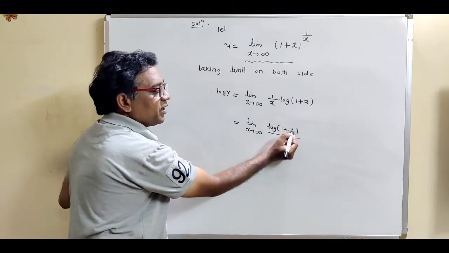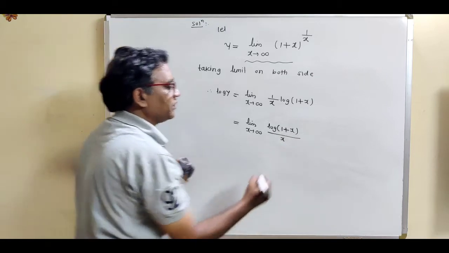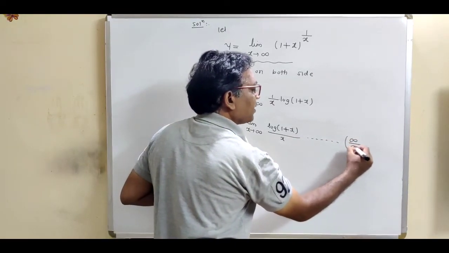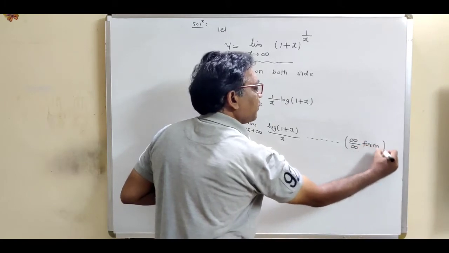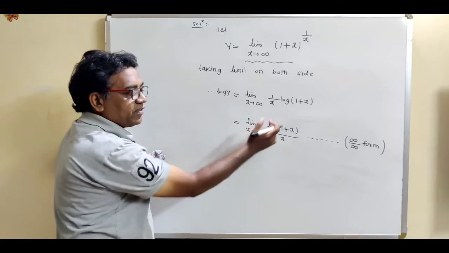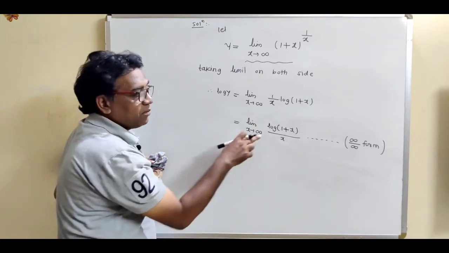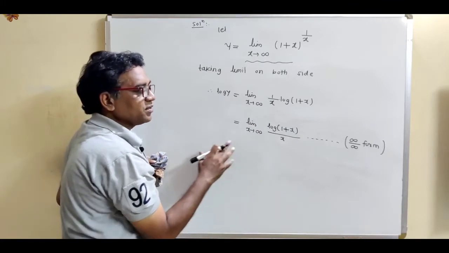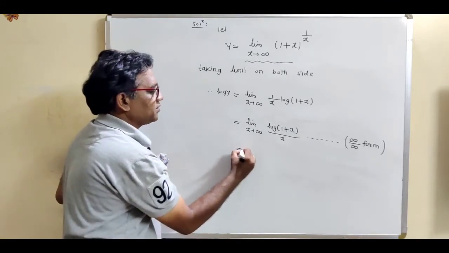Put x equal to infinity in the numerator, so log infinity is infinity. So this is our standard form, infinity upon infinity. So we can use the L'Hopital rule.